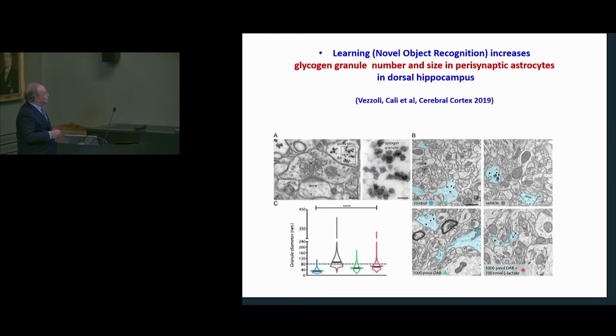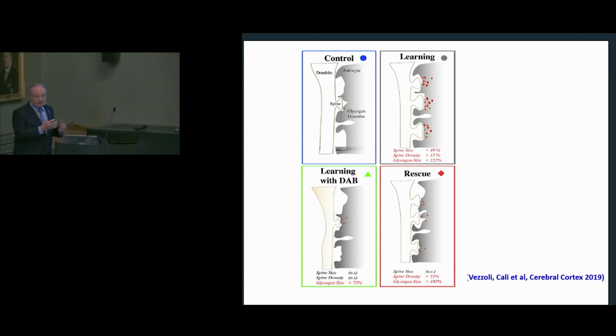But for us, more interestingly, you have an increase in the number and size of glycogen granules facing these expanded dendritic spines. So it shows that there is a signal that goes to astrocytes, and there is more glycogen available. We don't know yet exactly the significance of this, but in summary, this is a basal condition.